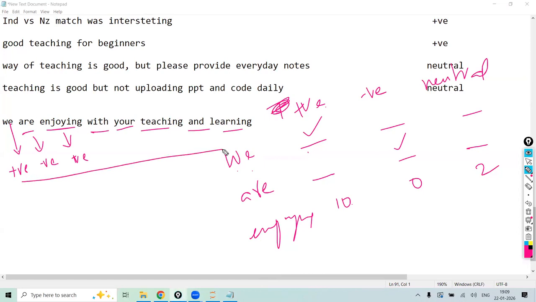How many words are there? For each and every word we consider positive or negative. How many positives are there? How many negatives are there? Now in the given sentence, for example, 1, 2, 3, 4, 5, 6, 7, 8, there are a total of 8 words.